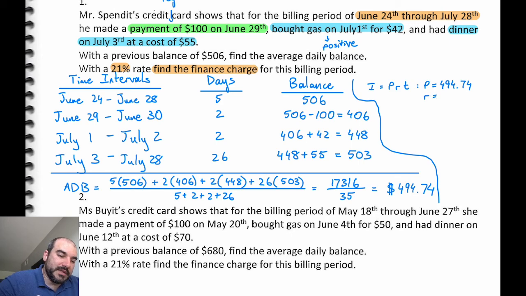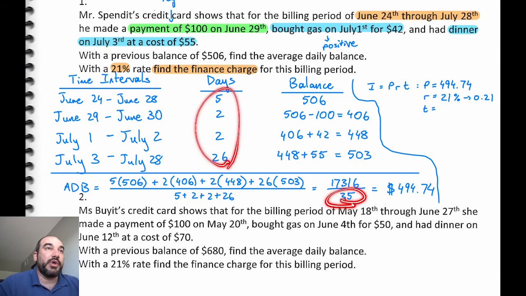The rate that's given to us in the question is 21%, which we can convert to 0.21 as a decimal. And then the time we're going to use is, we know how many days it is, right? We added these together. We saw that it was 35 days.